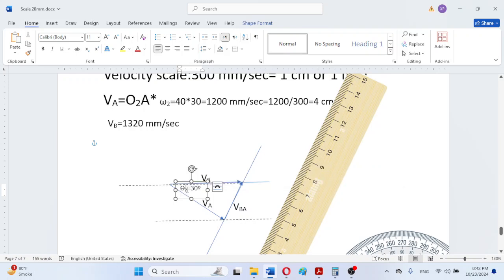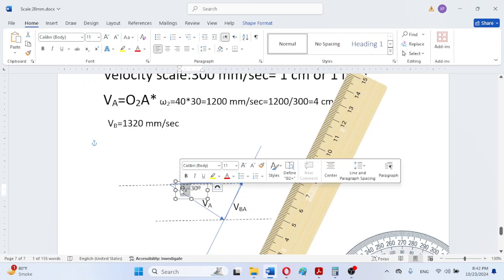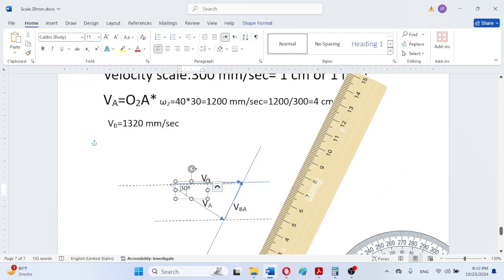This is actually the angle of the velocity VA2, so this is not theta 2, but this angle is 30 degrees. And VBA had its angle along the horizontal as 64, which means this angle is also 64 degrees.